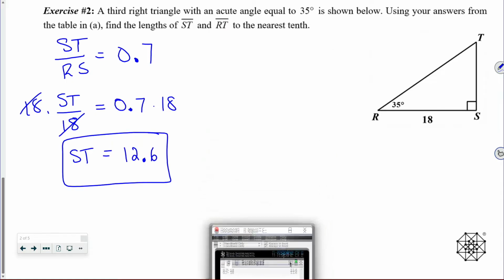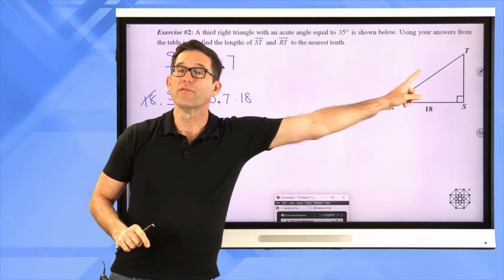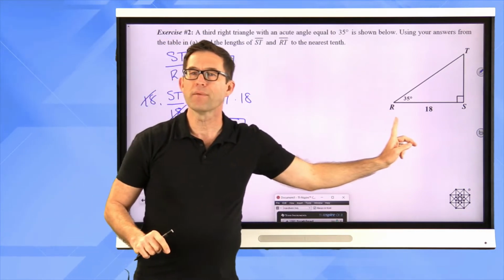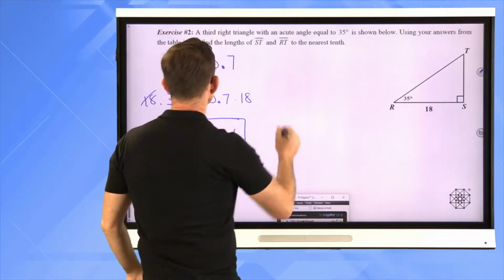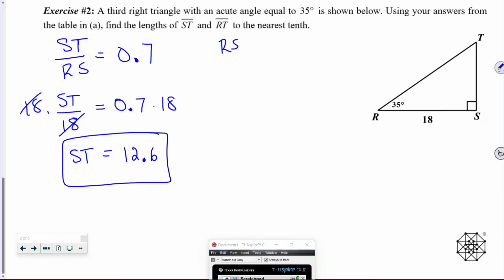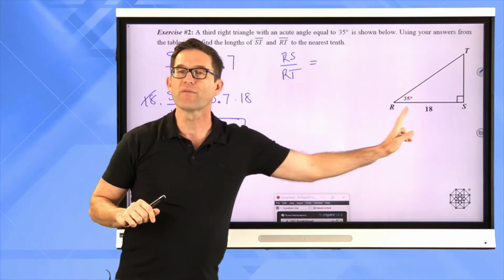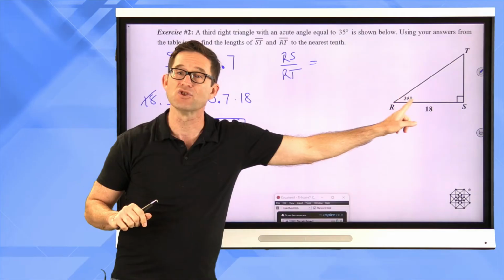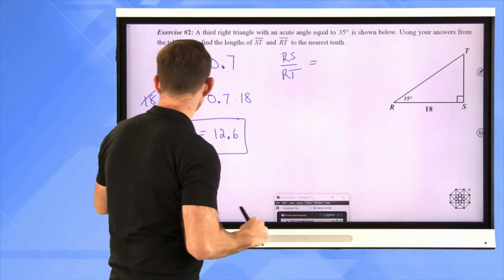All right, great. Now, I also want to figure out the length of RT. Now for that, maybe I want to think about the ratio of RS divided by RT. So RS divided by RT, well, what ratio will that be equal to? Now remember here we've got this leg that's adjacent to the 35-degree angle divided by the hypotenuse.